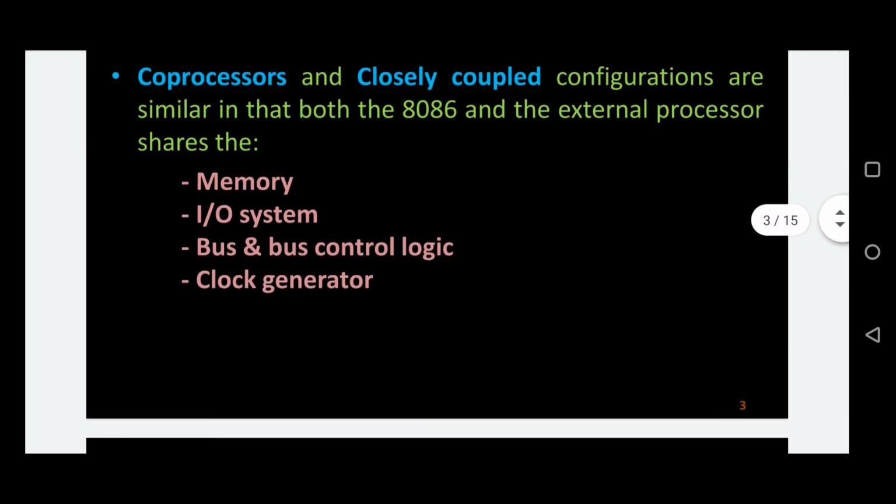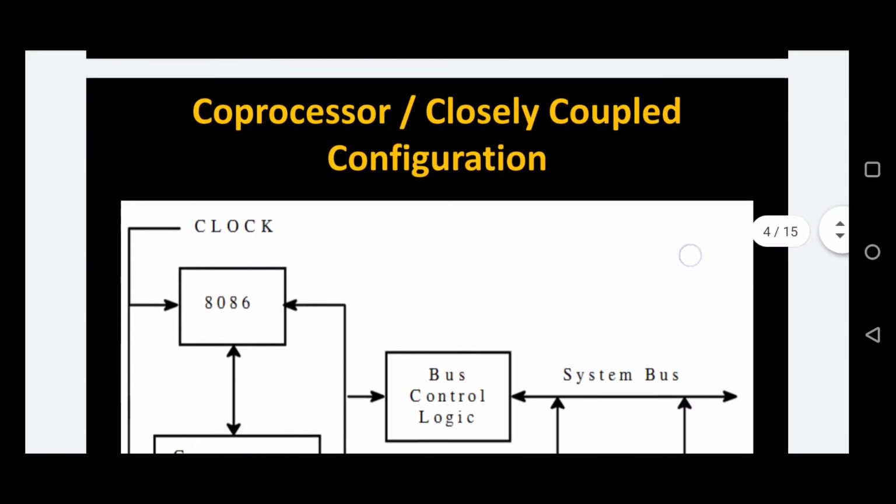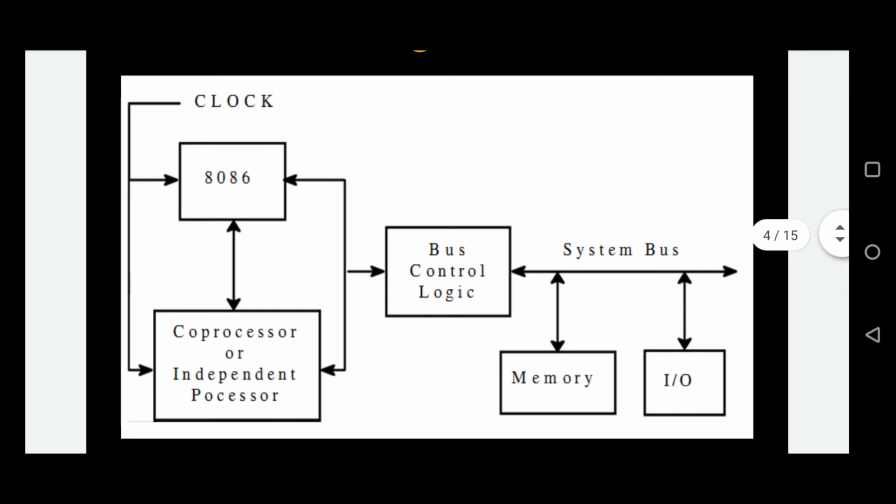Let us see the block diagram of the coprocessor and closely coupled configuration. See, this is the block diagram. The 8086 is the main processor, and here the coprocessor or independent processor is called the 8087 or 8089. The clock is common for both the main processor and the coprocessor. And see the bus control logic, memory, IO and system bus.